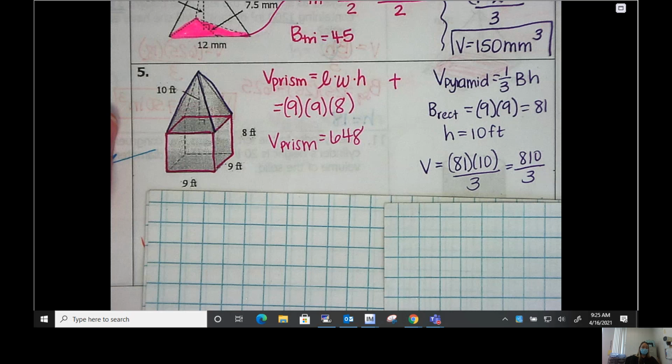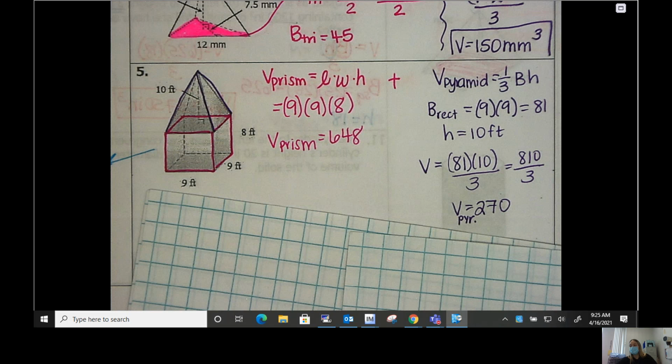So my volume of the pyramid is 270. Now, last step is I have to do what? Add the two together because I want to get the full volume of the composite figure. So my total volume is 918 feet cubed.